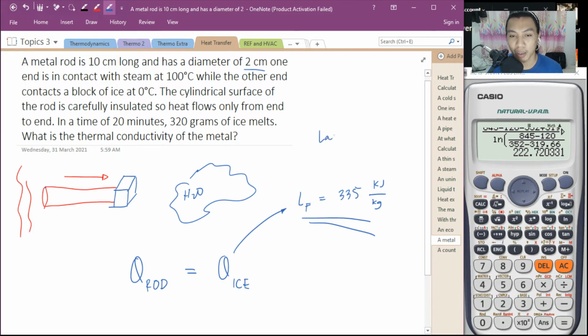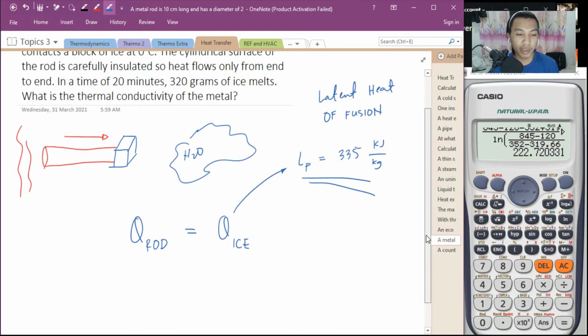So, the rod conduction is kAΔT over x, equal to the mass of the ice times the HF of the ice.